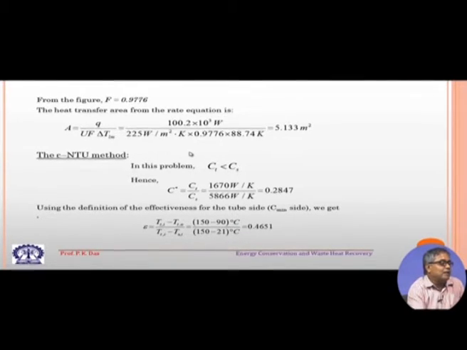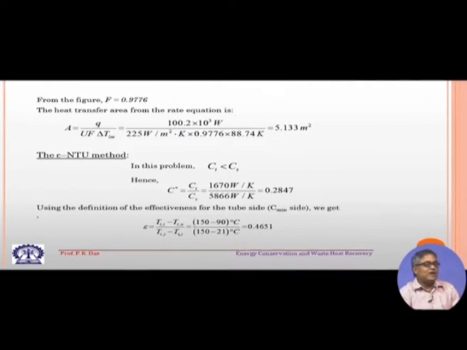The correction factor F is equal to 0.9776 from the previous chart, U we have got from the formula, and LMTD we have already calculated. So, putting all the values we get 5.133 meter square.